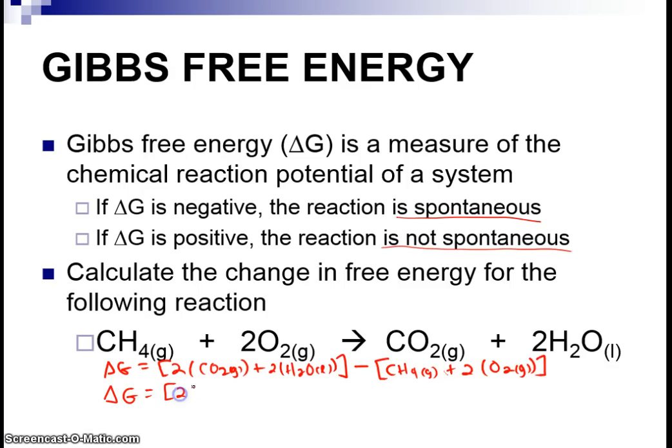So delta G is equal to 2 times negative 394.359 kilojoules per mole plus 2 times negative 237.129 kilojoules per mole, and that's that side of the reaction, minus a minus 50.72 kilojoules per mole, plus 2 times 0 kilojoules per mole.